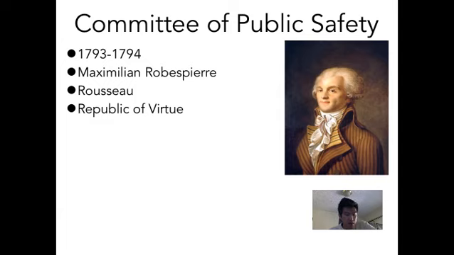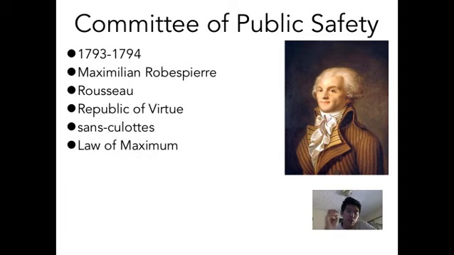So the Committee of Public Safety will work very closely with the radicals of the sans-culottes, and the first thing they do is help the sans-culottes in their needs, because they are poor, because all the other governing bodies before them were not for the lower social status classes. Now they're instituting new reforms. So you have the law of maximum, which is a planned economy, which means the government is controlling the prices, and they are responding to the food shortages of bread and all the economic problems and the whole debt.